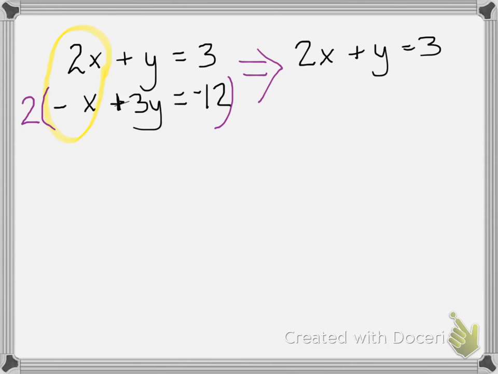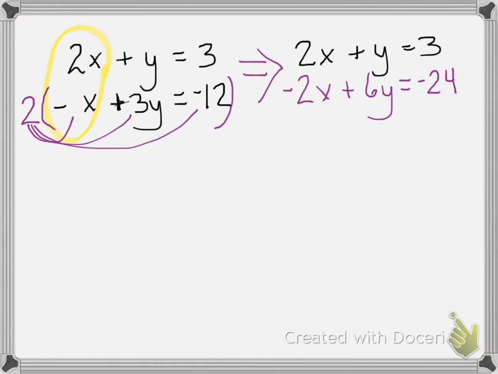And I'm going to change the bottom equation by multiplying a 2 throughout the whole equation. So I'm going to get negative 2x plus 6y equals negative 24. And again, a common error that I see in the classroom is that they don't do this last one. Just remember it has to go through everything.